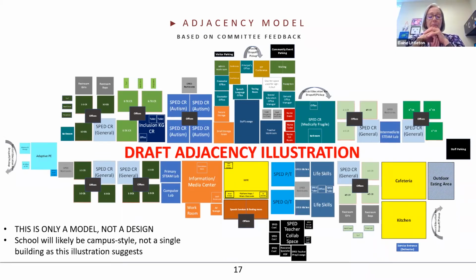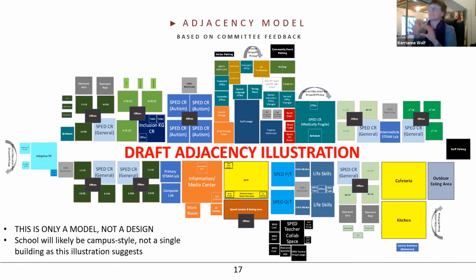So let me ask you this then. Right now, the way this campus is laid out, the library media center is right next to the multi-purpose room. This isn't one building where they're necessarily going to be sharing a wall.